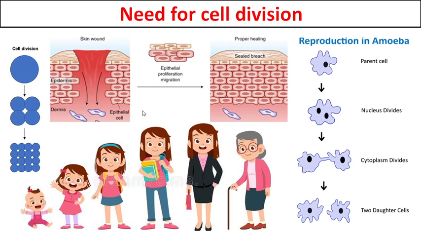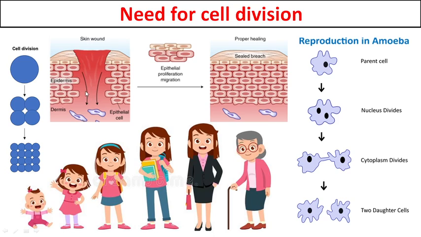And the third thing is, do you remember when you were riding a cycle or when you fell down and there were a few scratches, but those scratches heal, right? So this healing process also occurs because of cell division. Just look at this diagram. There is some skin wound, there is some scar, and some cells have died.